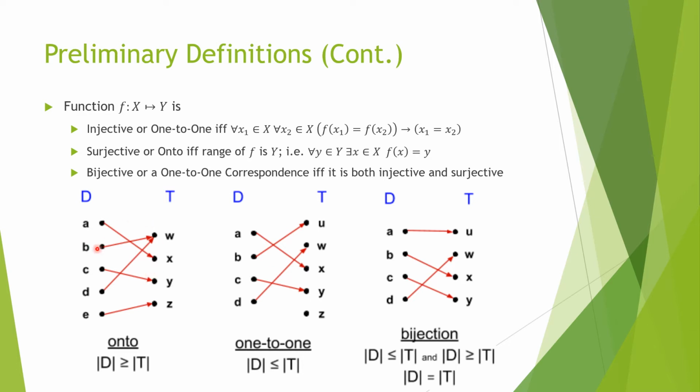For example, in this figure, as you see, B and D are both mapped to W, right? B is mapped to W and D is mapped to W. Therefore, this function doesn't represent an injective function because, as I said, if you have two distinct elements in the domain, they should be mapped into different elements in the codomain, but here B and D are mapped into the same element in the target, which is W.